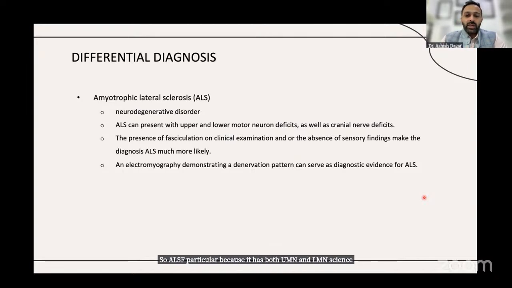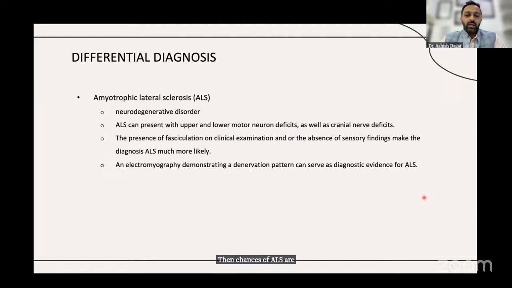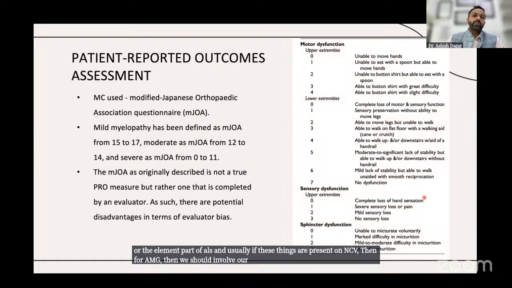So if LMN signs are prominent, like fasciculation on clinical examination, or no involvement of the sensory domain of our neurological system, then chances of ALS are there. And EMG and NCV usually pick up the denervation or the LMN part of ALS. And usually if these things are present on NCV or EMG, then we should involve our neurologist friends.